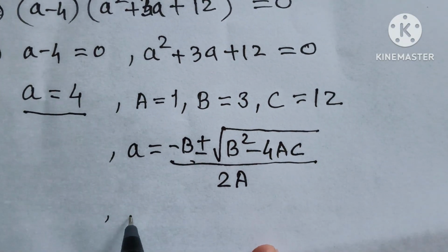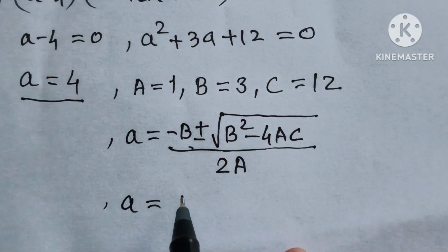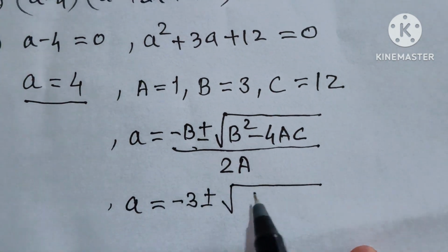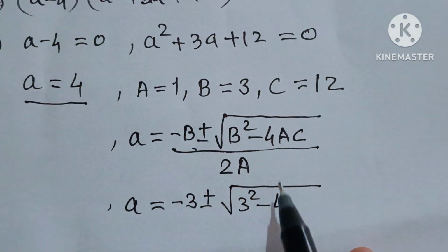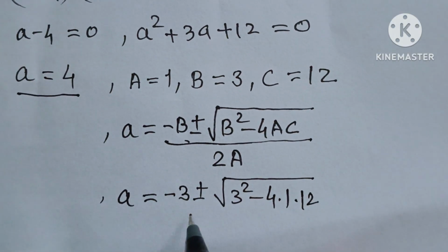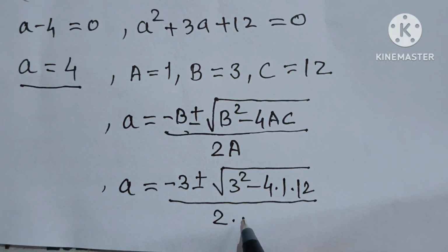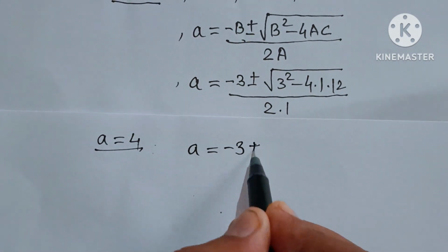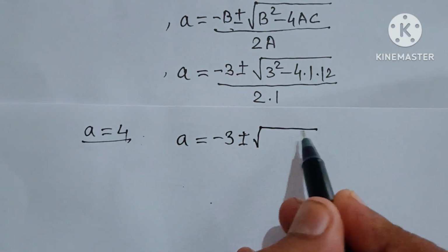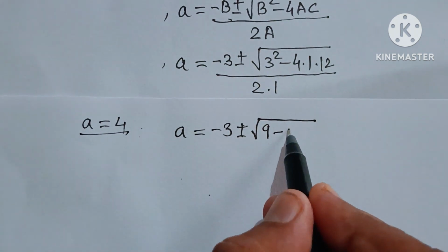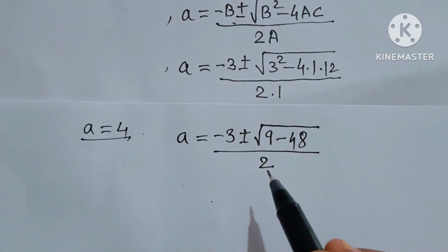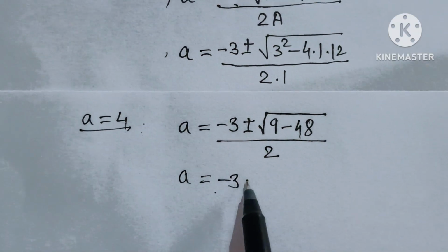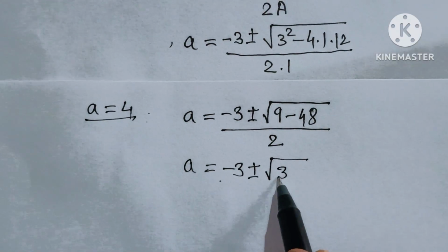The value of b is 3, so a = (−3 ± √(3² − 4 × 1 × 12)) / (2 × 1). Hence a = (−3 ± √(9 − 48)) / 2.